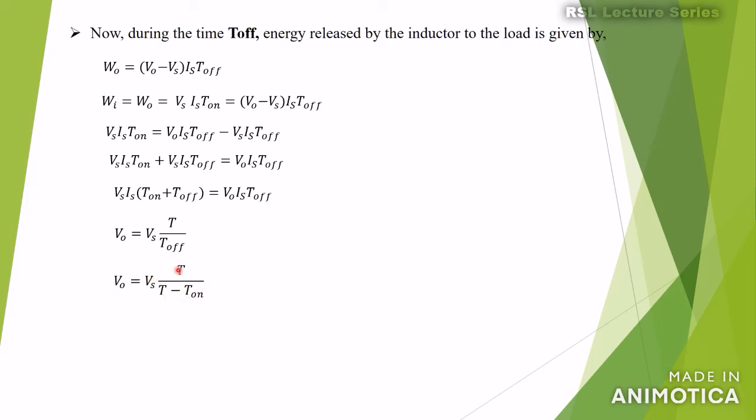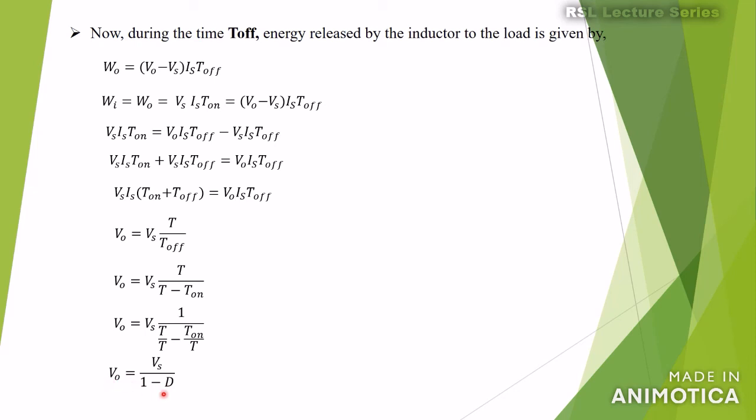Bringing this T downwards, V naught is equal to Vs into 1 by (1 minus T on by T). T on by T is nothing but the duty cycle ratio. So in the case of a boost converter, V naught is equal to Vs divided by (1 minus D). By varying the duty cycle ratio, we can vary the output voltage.